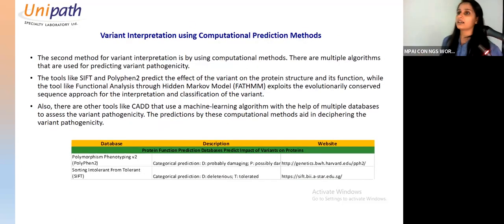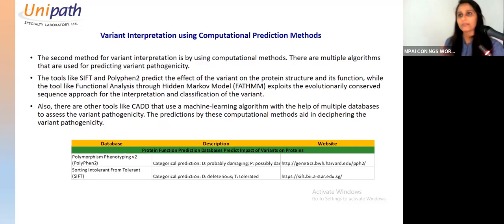Then there are tools which help you, because you don't have any functional evidence that this variant is actually causing a change in the protein structure and that's what is causing disease. You don't have functional information for every variant. That's why there are specialized tools which help you analyze it in silico.